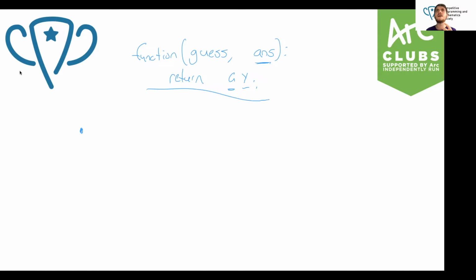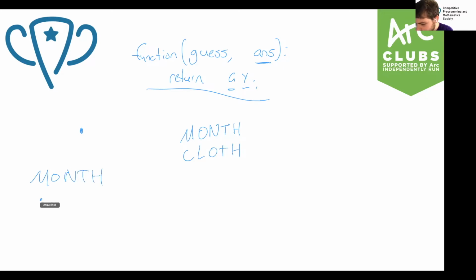In the sample input, I can't remember what they gave you, but I think the example had month and cloth. So if the question said I queried month and got back something like dot y dot gg, and you want to check if cloth is the answer, you'd pass month and cloth into your function.